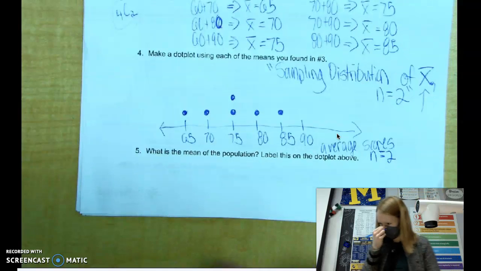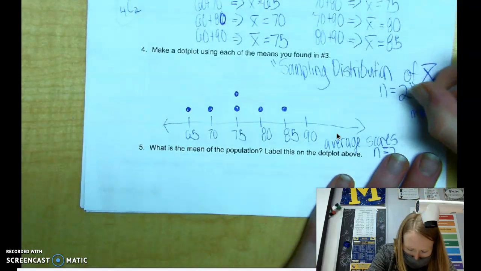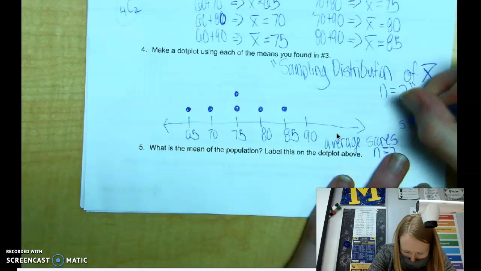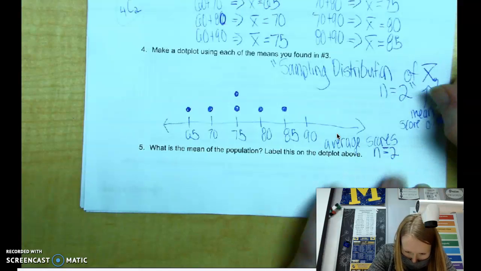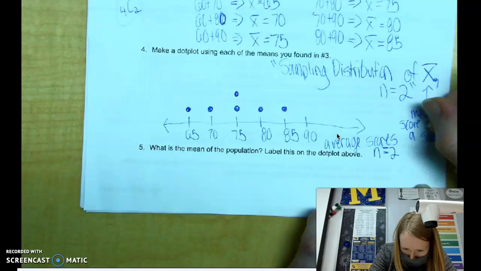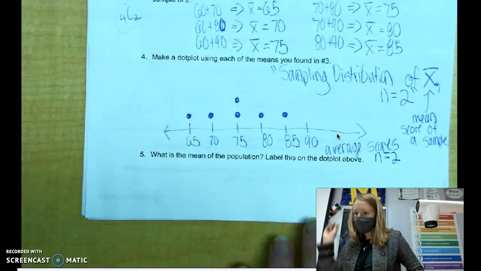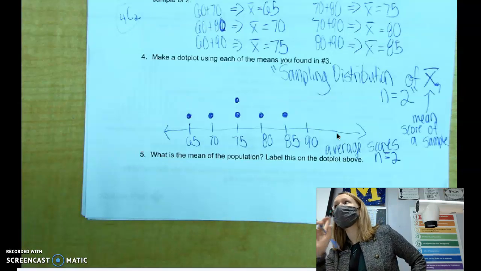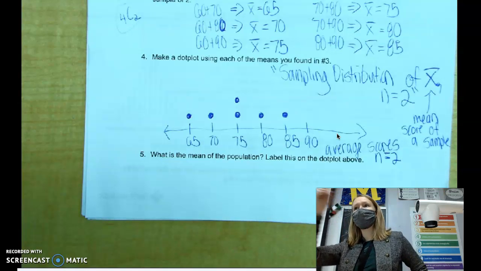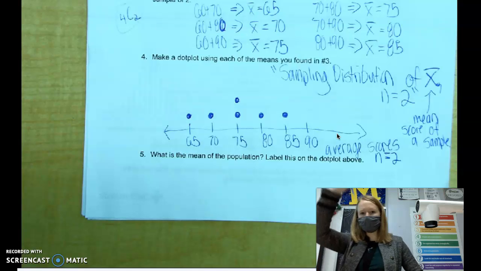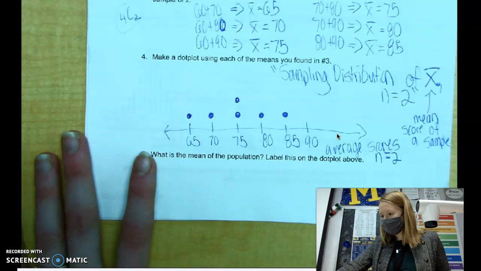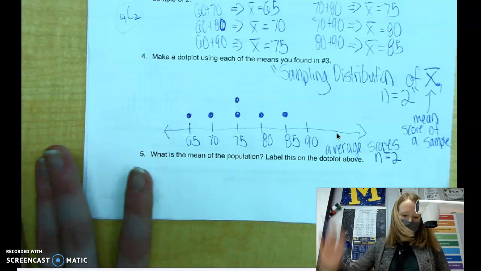Remember, X bar represents the mean score of a sample. That's different than the population mean that's denoted by mu. It's the little M that looks funky. So we'll get to that in just a second.